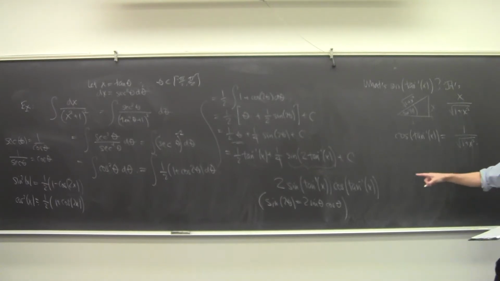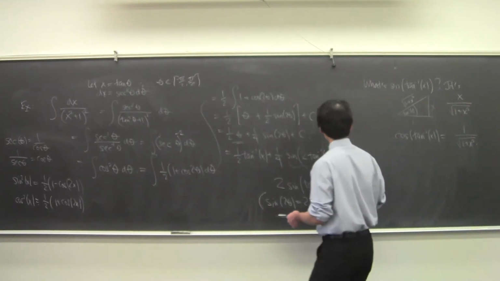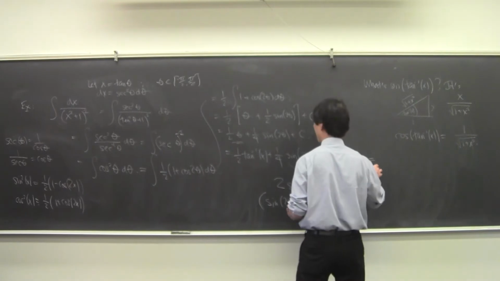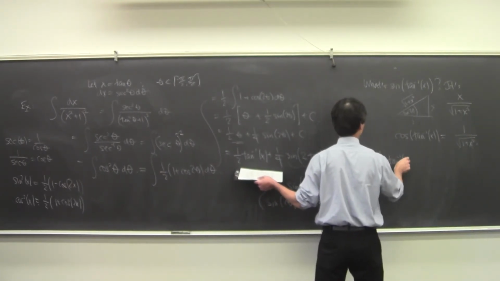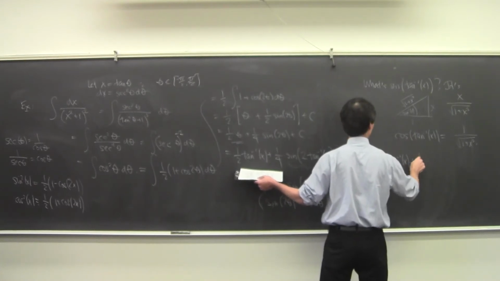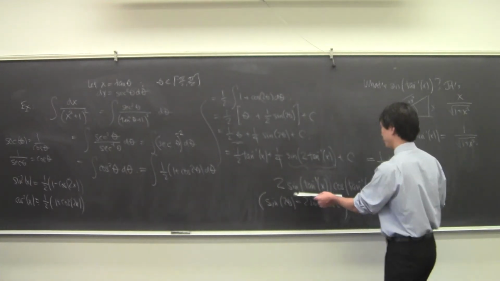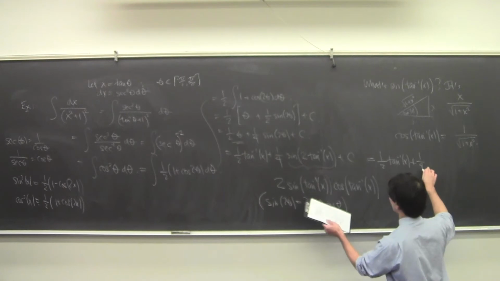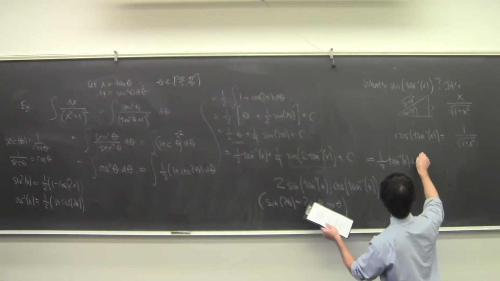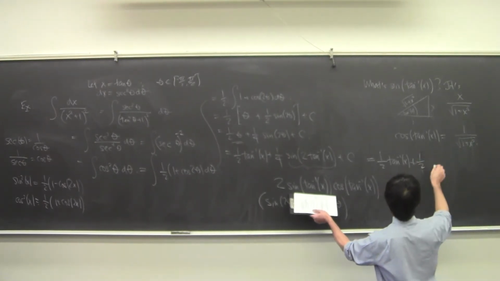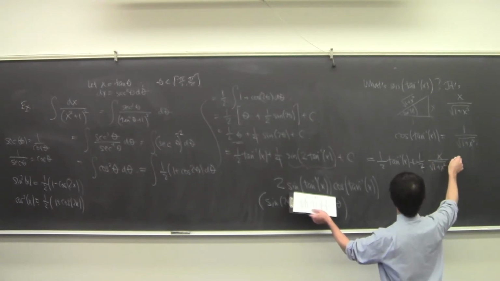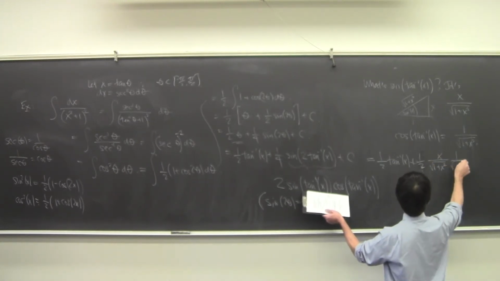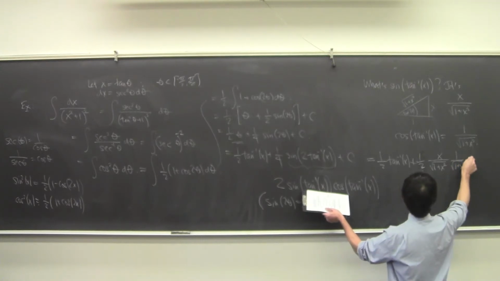So we can write this more simply as 1/2 tan inverse x plus 1/4 times 2, so that's 1/2 of sine times cosine, plus c.